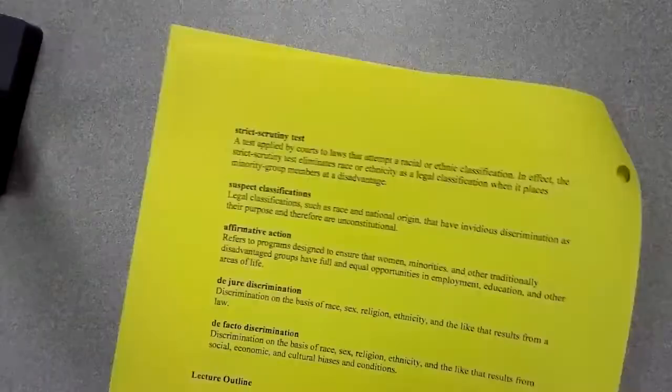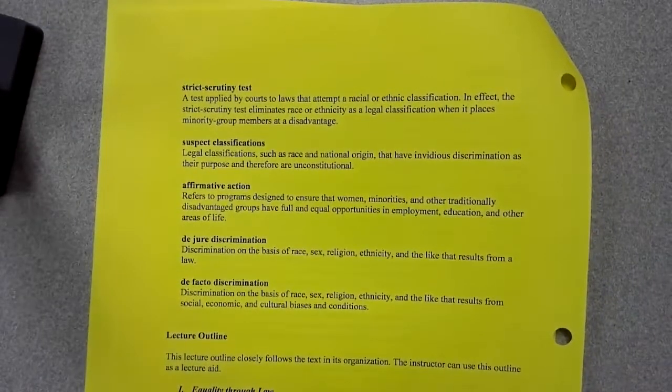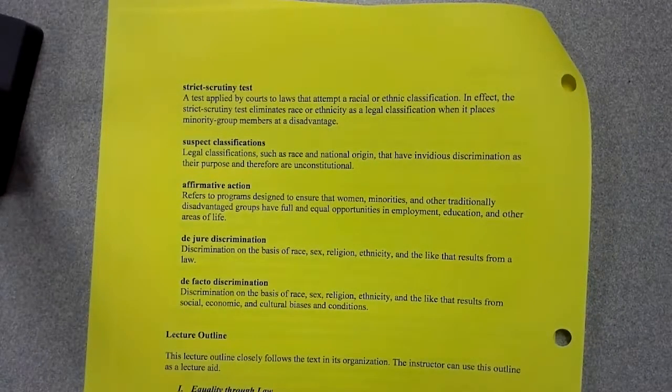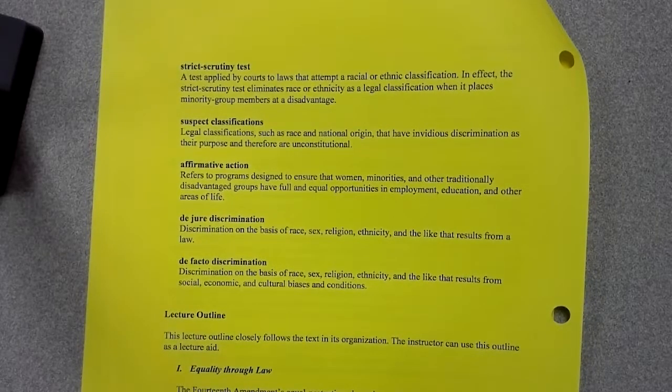We went over de jure discrimination. I probably messed that up really bad, but discrimination on the basis of race, sex, religion, ethnicity, and the like that results from a law. We talked about that. Make sure you know that vocab word. We've been talking about that a lot.